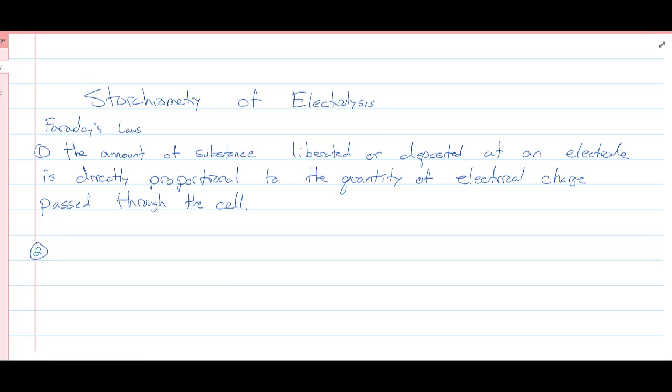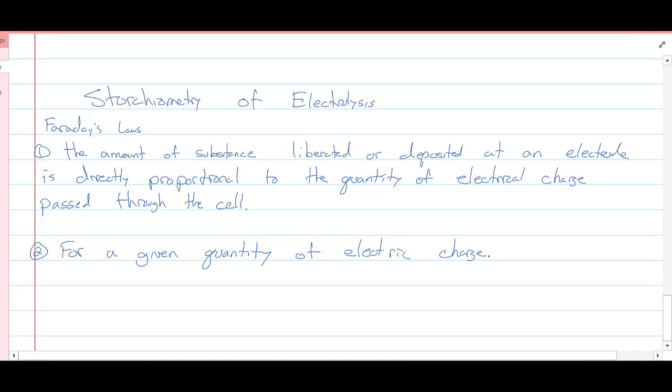And for a given quantity of electric charge, the amount of any metal deposited is directly proportional to its equivalent weight.